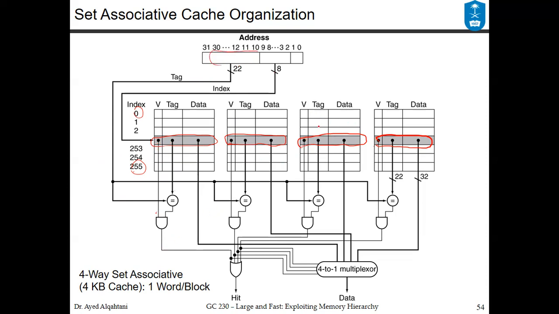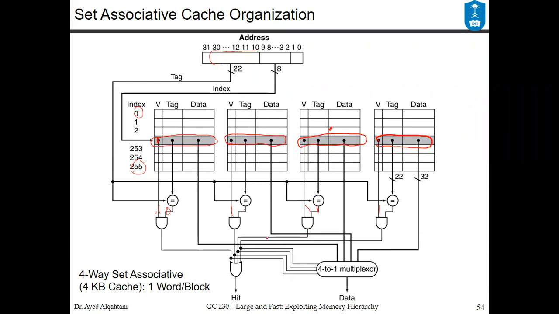So let's say that our data was here. And suppose that all the locations have valid bits equal to 1. So this is equal to 1, here is equal to 1, which means that there is data there, and here is 1, and here is also 1. But when you compare the tag to this tag, they are not the same, so it gives you 0. Similarly, when you compare this tag, it gives you 0. Now we know that this is the one that we want, and the tag matches the tag in the address, so this gives you 1.